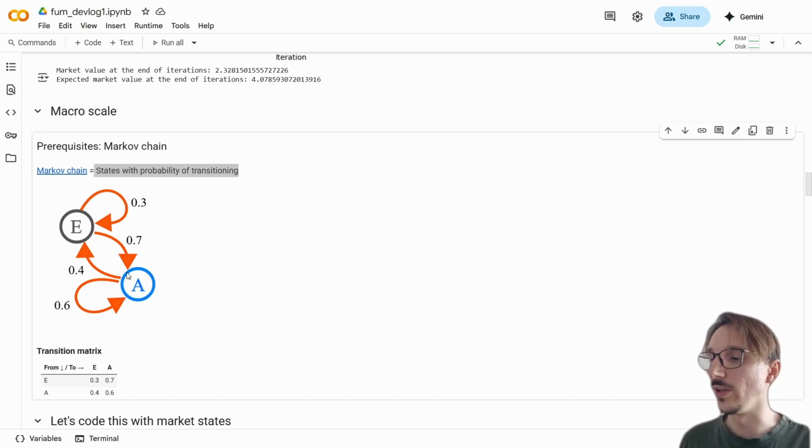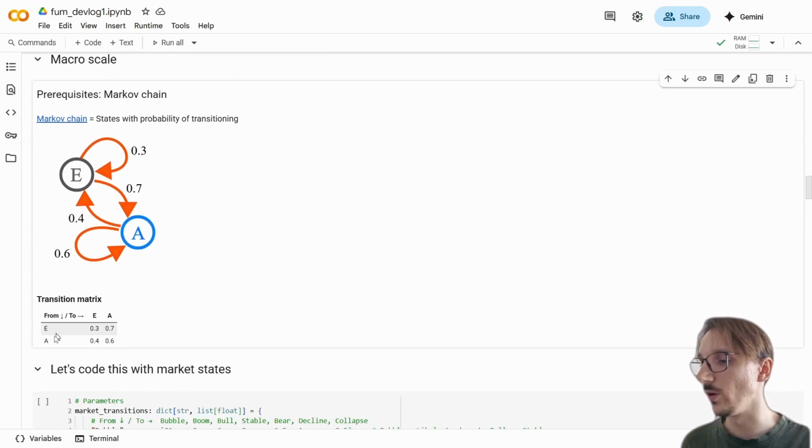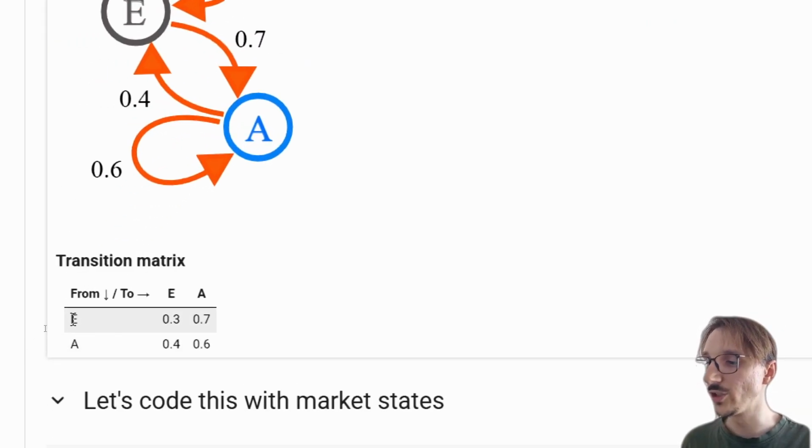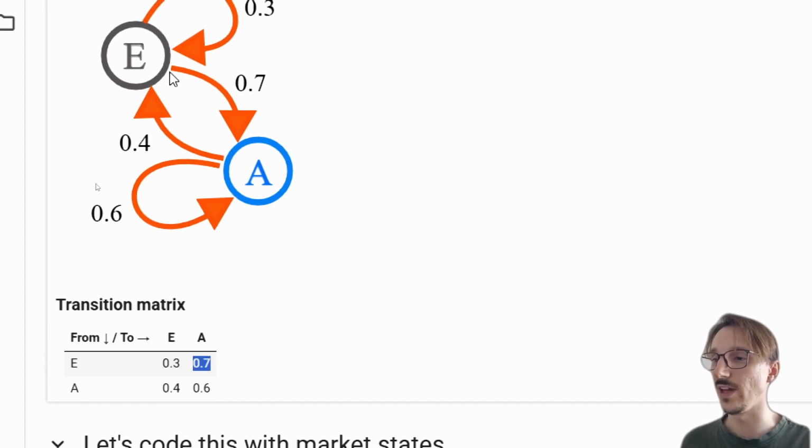In this example, if you're in state A, at the next iteration you have a 60% chance of staying in state A and a 40% chance of going into state E. And if you're in E, at the next iteration you have a 30% chance of staying in E and a 70% chance of going back to A. And we can represent this graph in what we call a transition matrix, where each row tells you the probability to go from the state of the row to the state of the column. So in this example, going from state E to state A is 70% as we see here.